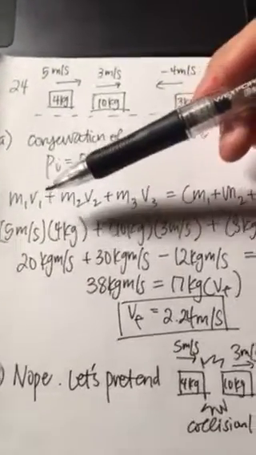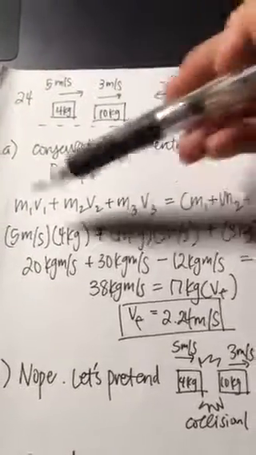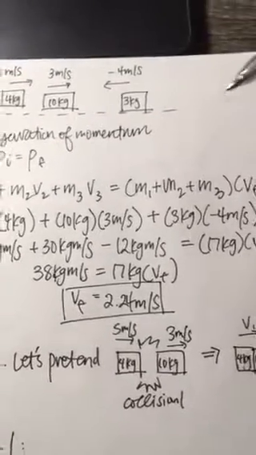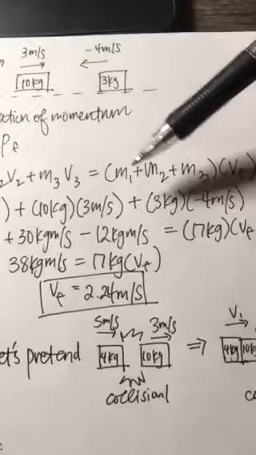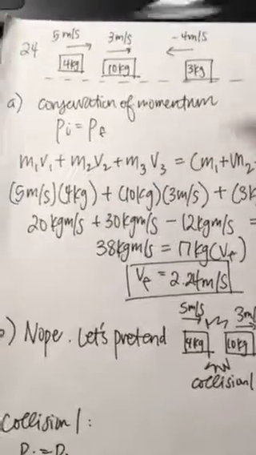So first m1 v1 plus m2 v2 plus m3 v3, which is all the combined initial momenta as them separate, equals, because it's an inelastic collision, they stick together at the end, m1 plus m2 plus m3 as a total mass times the velocity.